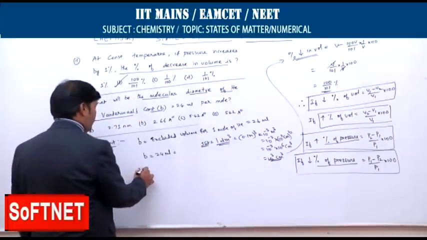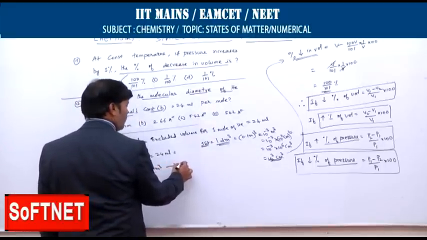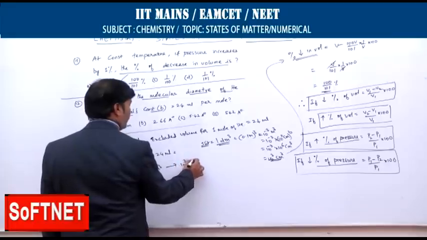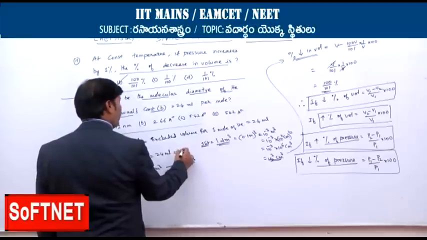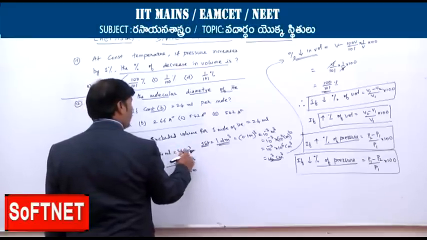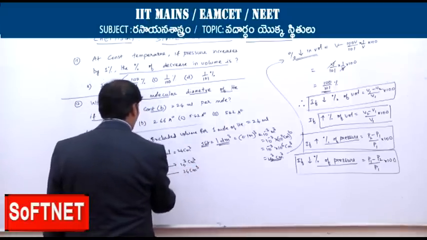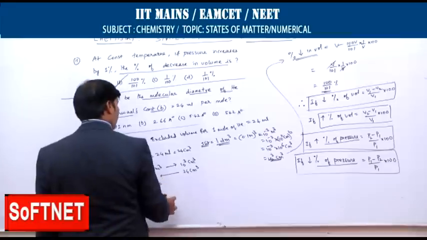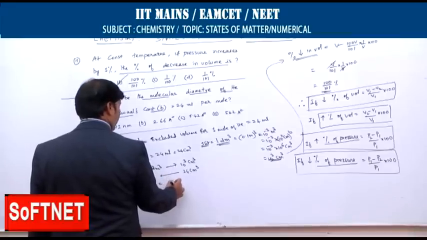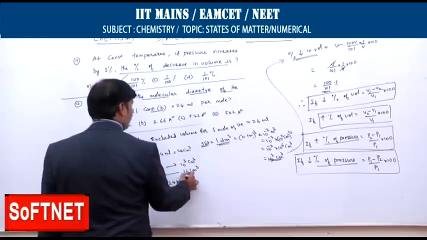If 1 decimeter cube corresponds to 10 to the power of 3 centimeter cube, and 24 ml is equal to 24 centimeter cube, because 1 ml is equal to 1 centimeter cube, then 24 centimeter cube corresponds to 24 into 10 to the power of minus 3 dm cube.